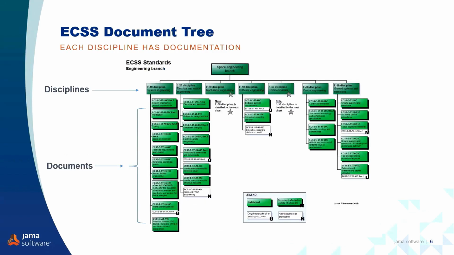Outside of the actual organization of the disciplines and the branches, the disciplines themselves are even further detailed in documents. And all these documents fall into one of those disciplines. So, for example, when we look at the discipline system engineering, you can see a large number of documents below that talking about different topics.